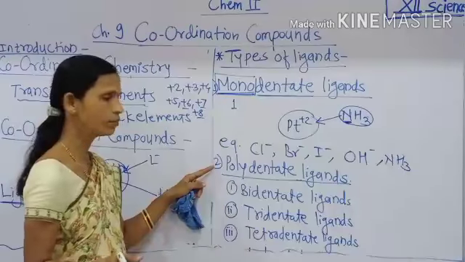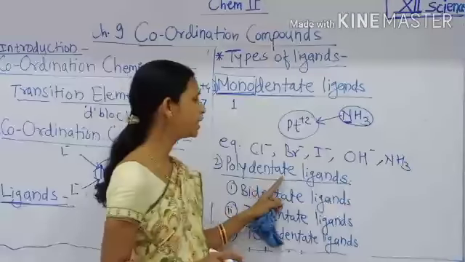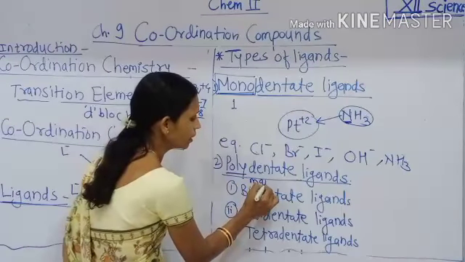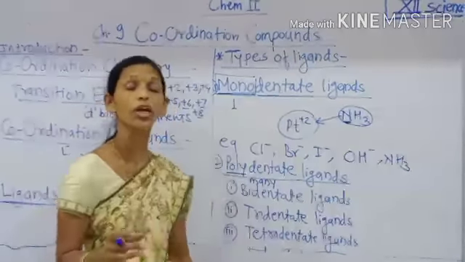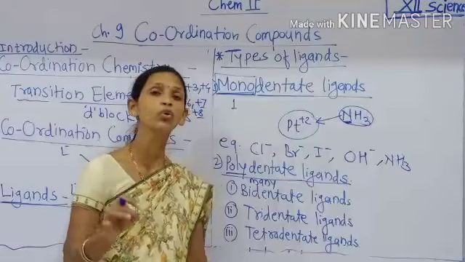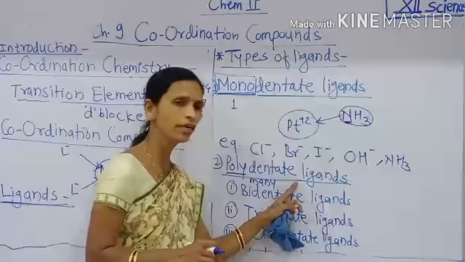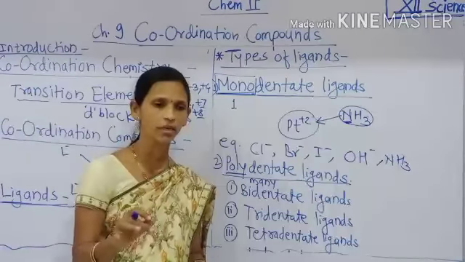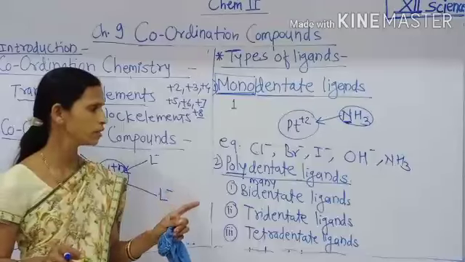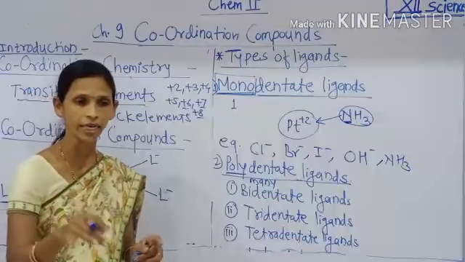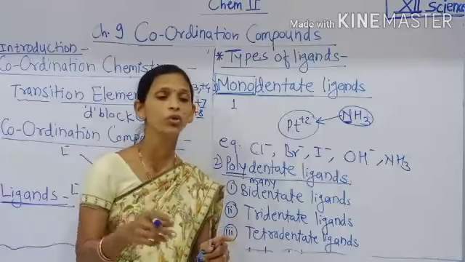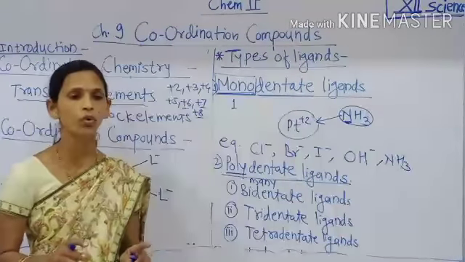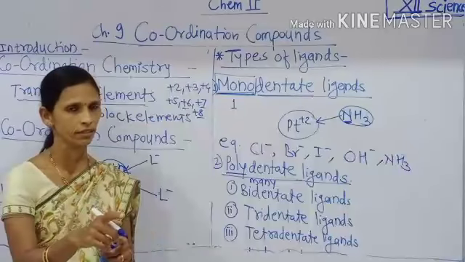One more type of ligand is the polydentate ligand. Poly means many and dentate means point of attachment of donor atoms. A polydentate ligand is a molecule, ion or atom which has two or more points of attachment, or two or more donor atoms, in the complex, using two or more donating sites.